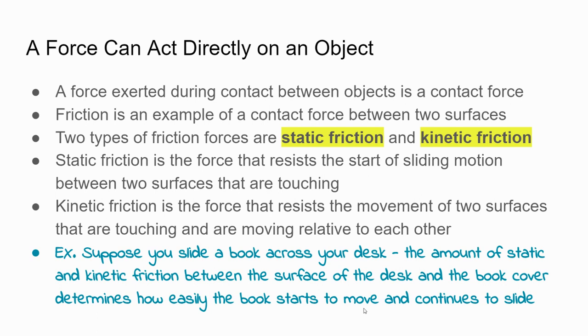And it's not always easy to tell what's exerting a force and what is being acted on by a force. That can sometimes be a little bit difficult, especially when we get into Newton's third law of motion, where every action has an opposite and equal reaction. That is not always easy to see, and we'll talk a little bit about that in a few minutes when we get to that point, okay?